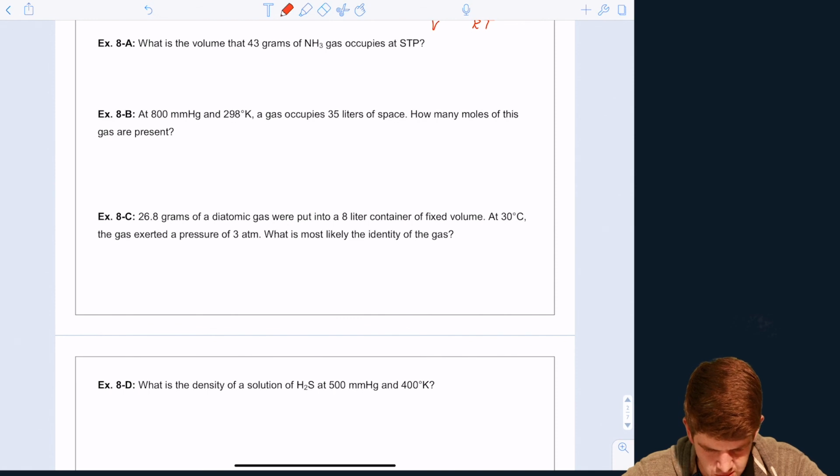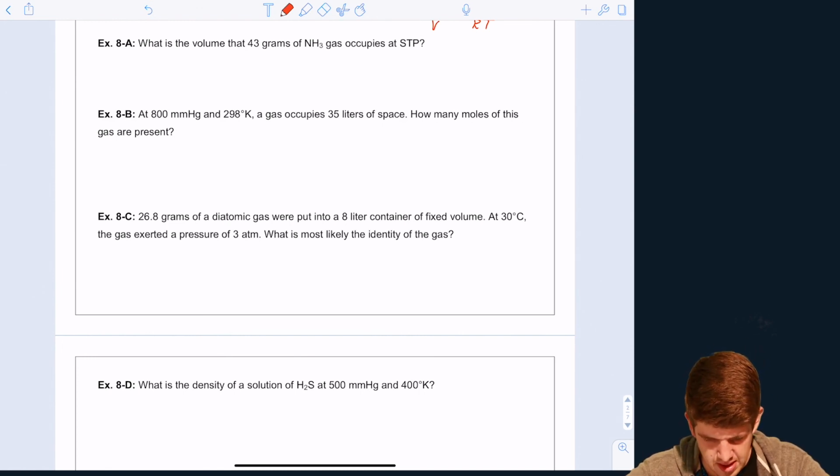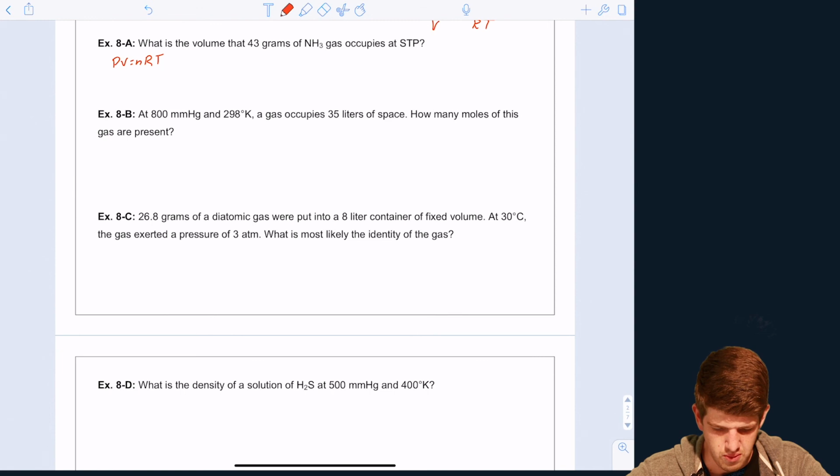What is the volume that 43 grams of NH3 gas occupies at STP? So do we have any conversions we need to make? Yes, because in PV equals nRT, we also should say we're assuming ideal conditions here.